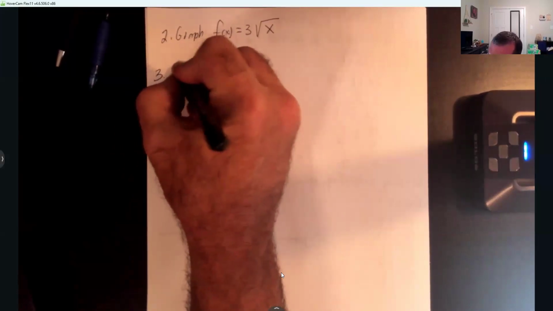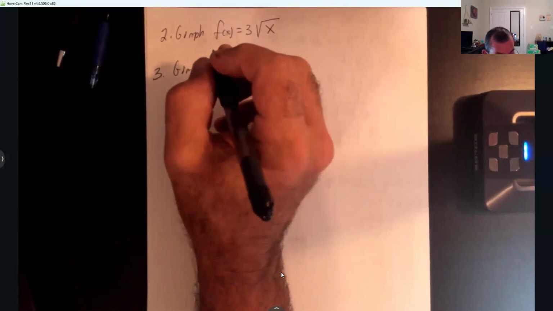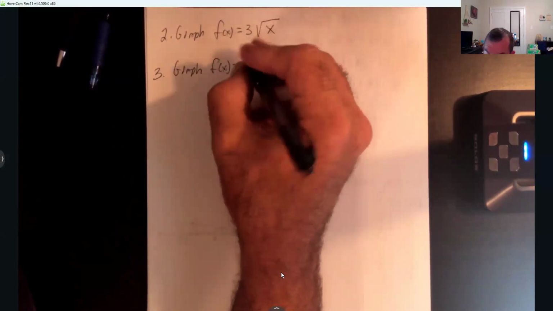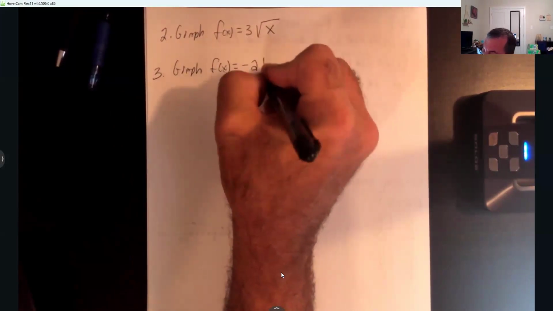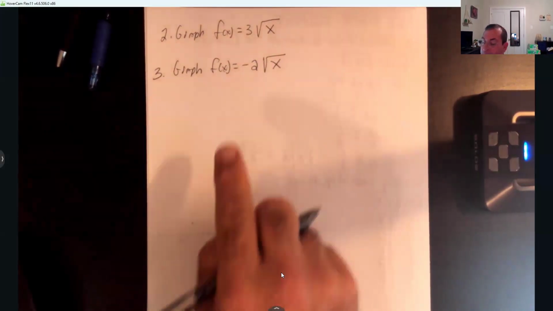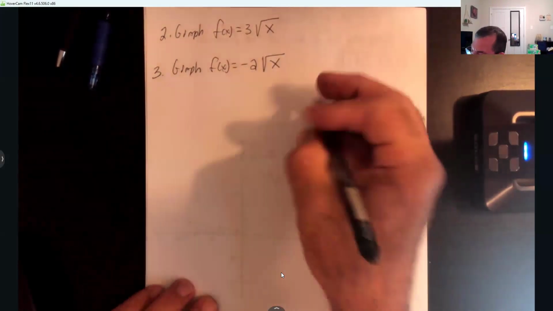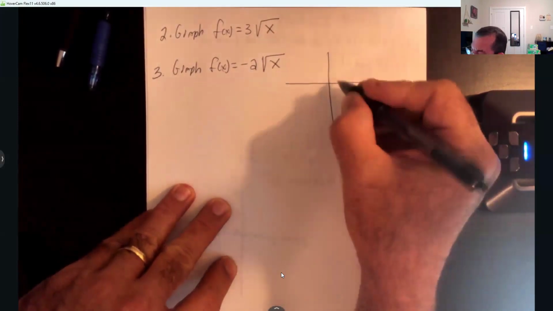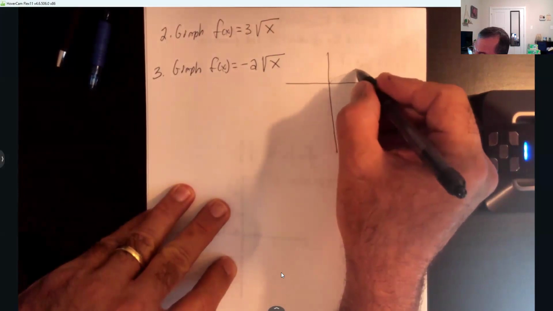All right, y'all, so let's see what they had next on the problem. So let's see this one, graph f of x equals -2 square root of x. Y'all, what's happening now, remember? The original graphs are coming up like this.